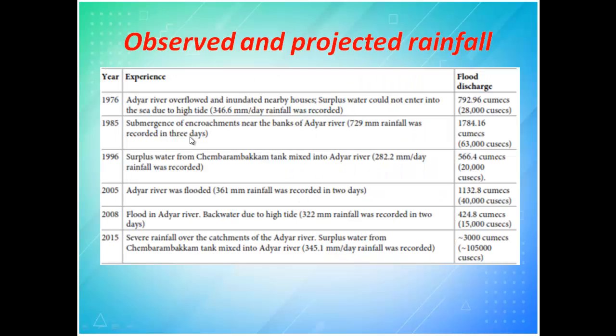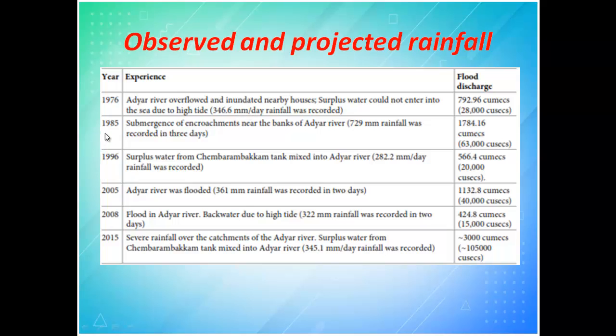So in 1976, 1985, and 1996, 2005, 2008, and 2015 are the years which they have taken into consideration for the data. Okay, so in 1976 the rainfall was around 346.6 mm.